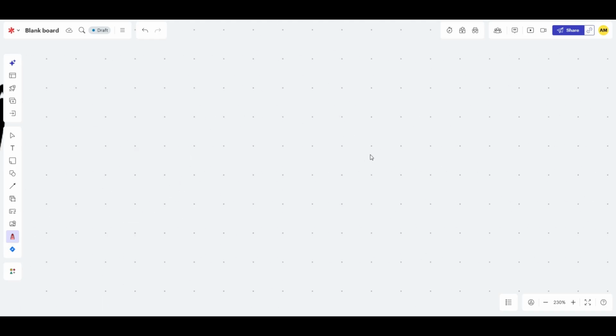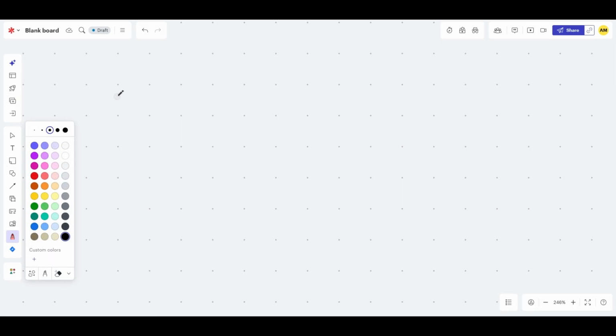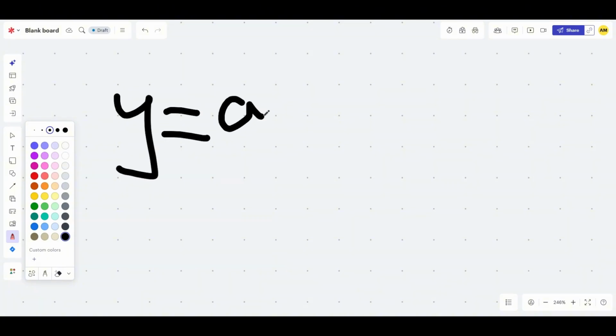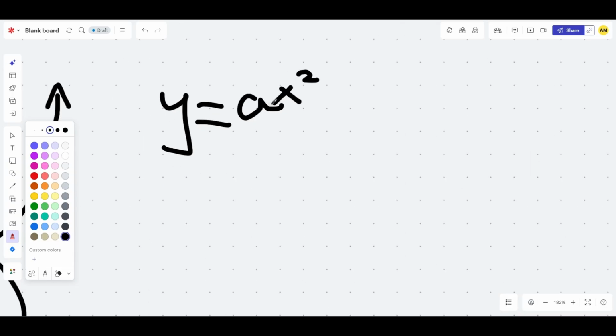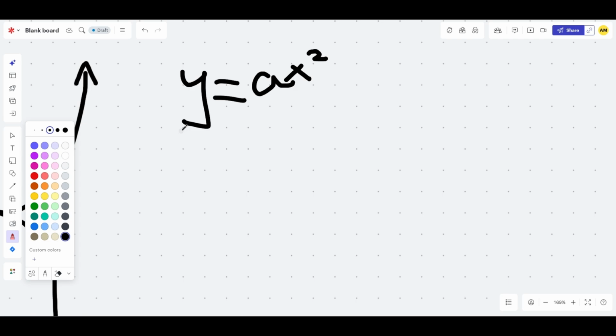So, in geometry, we have this equation called y is equal to a times x squared. That's without the vertex.